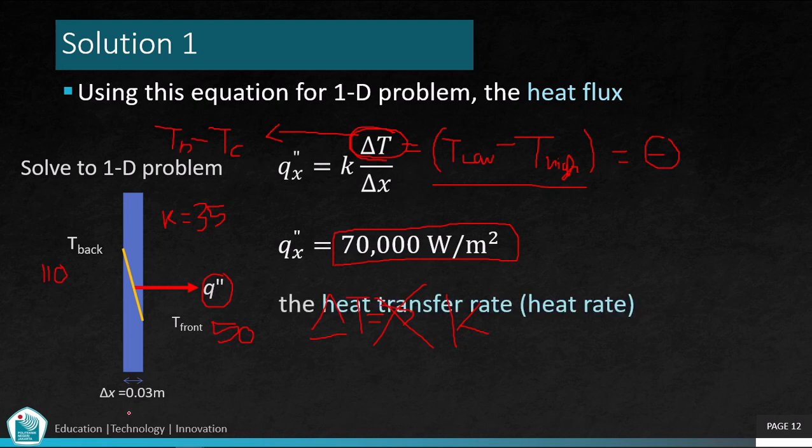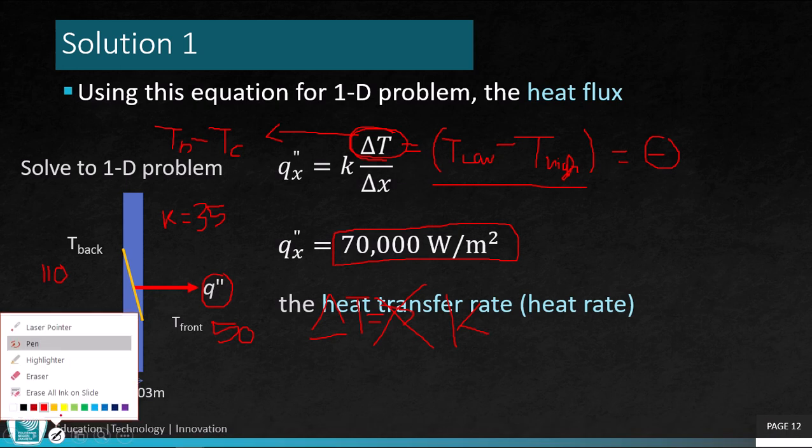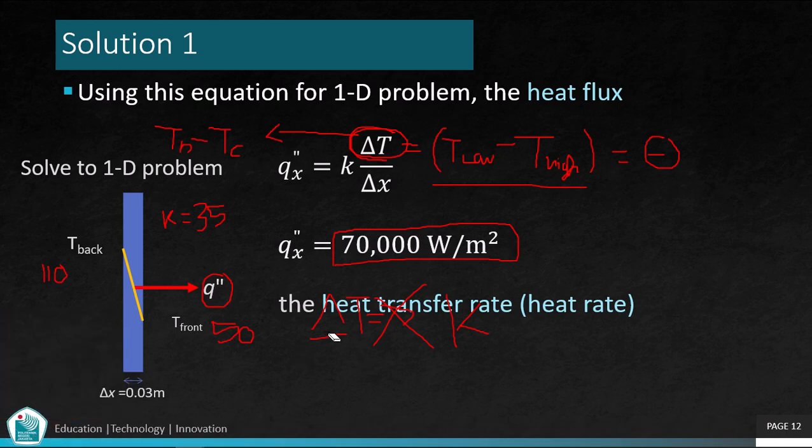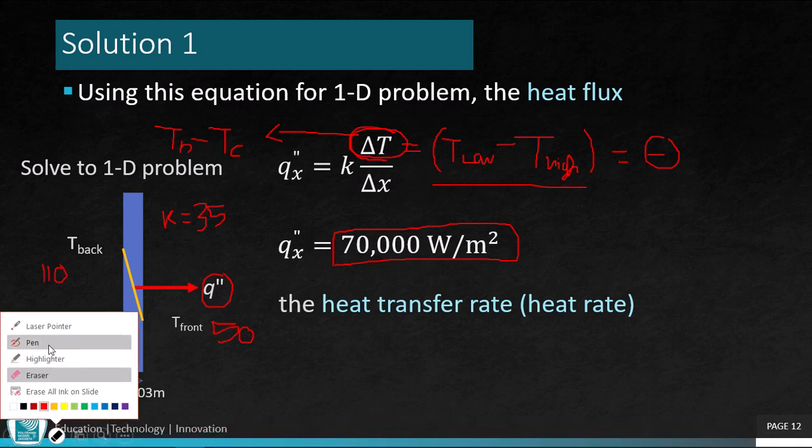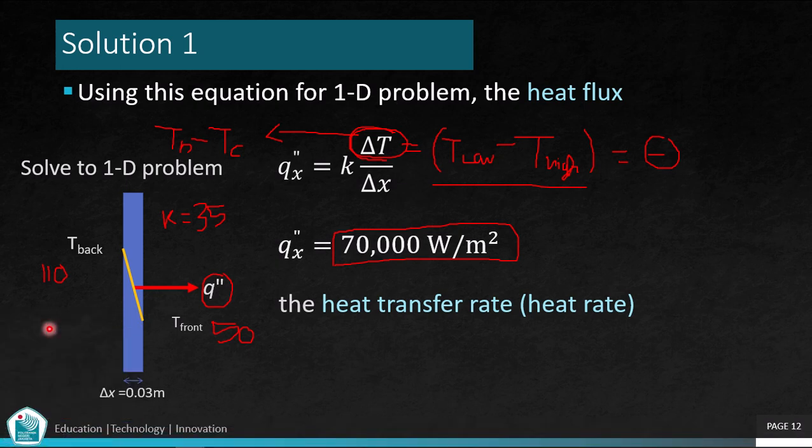And next, okay, I need to erase because you won't see my writing. Okay, erase this one first. So the heat transfer rate, or heat rate, of course, is just multiplying the heat flux with the total surface area.